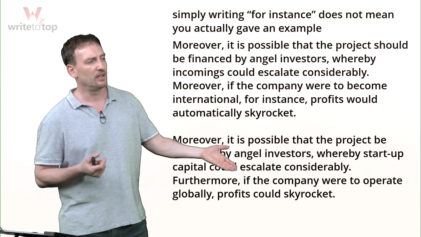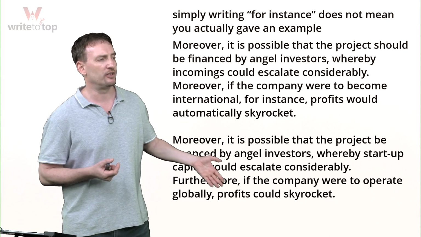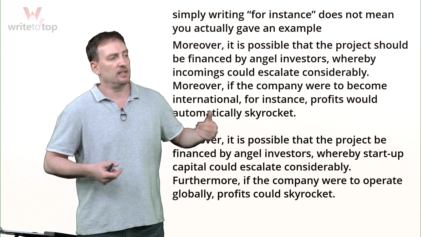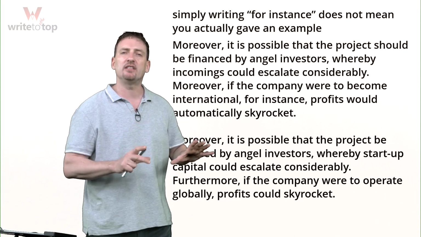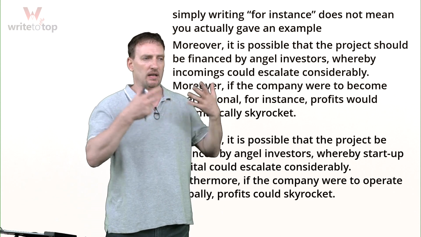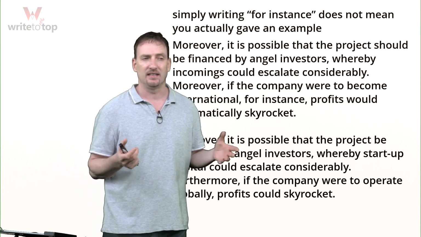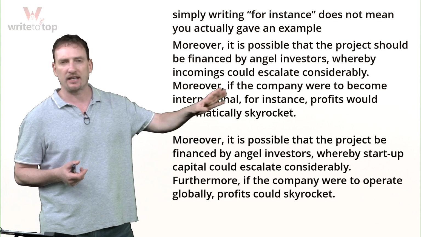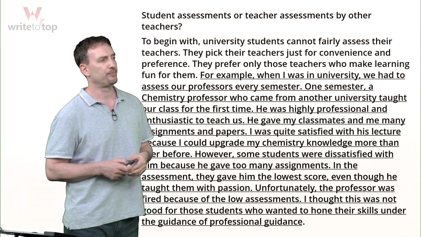If I take it out, furthermore, if the company were to operate globally, profits could skyrocket. Okay, one possibility, another possibility. Both of these possibilities can be examples for how a business can succeed. But there's no example within this sentence. This word actually works against you.